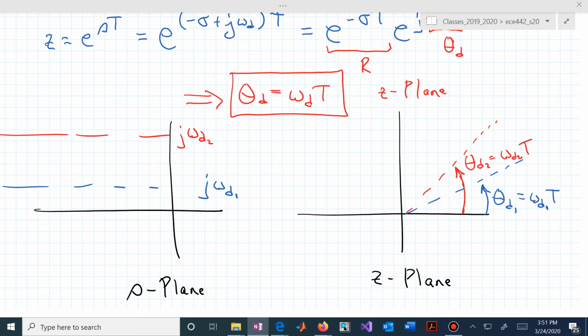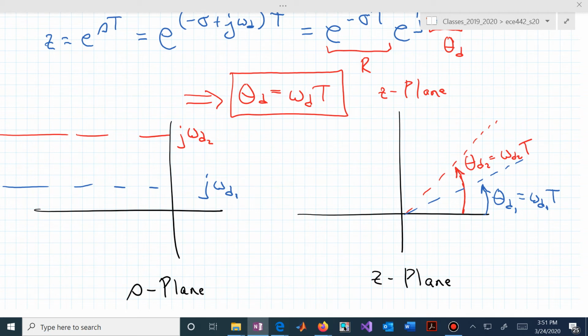If we use this relationship to connect the S-plane to the z-plane, where theta sub d is omega sub d t, we can see that as we increase omega sub d, that makes this angle theta sub d larger, and that's what I'm trying to illustrate in these two figures shown on the left and the right of each other.